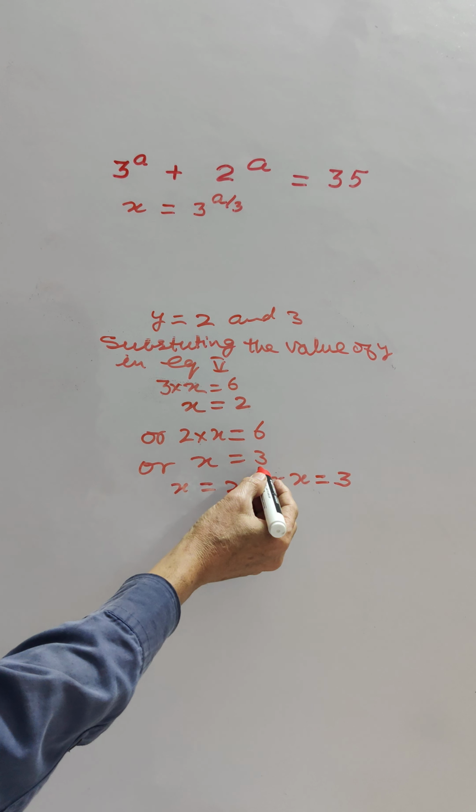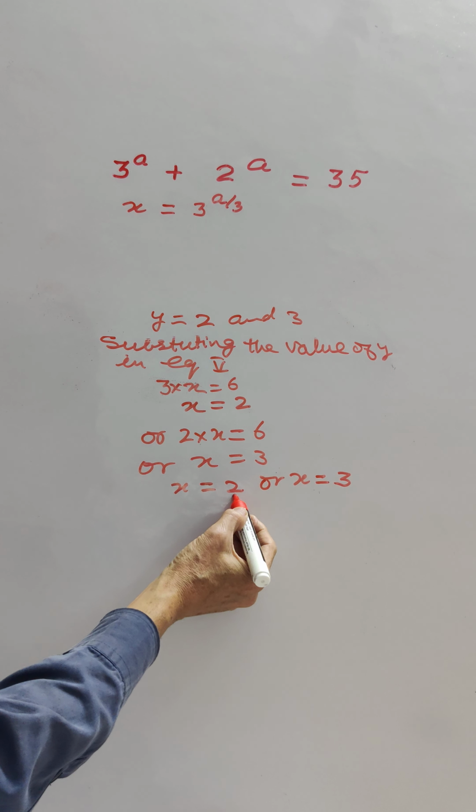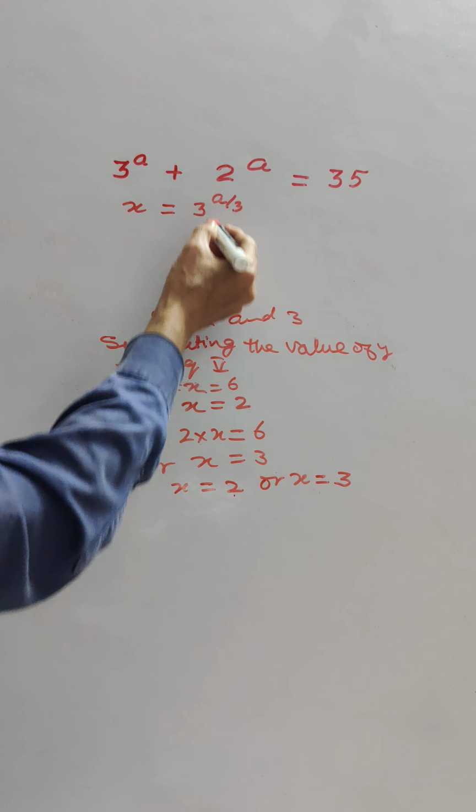So if we take the value of x as 2, that will not work. So the value x equal to 2 is cancelled, taking 3. So 3 is equal to 3 power a upon 3. Or we can say 3 power 1 is equal to 3 power a upon 3. This way, if bases are equal, exponents must be equal. So a upon 3 is equal to 1, or the value of a is 3.